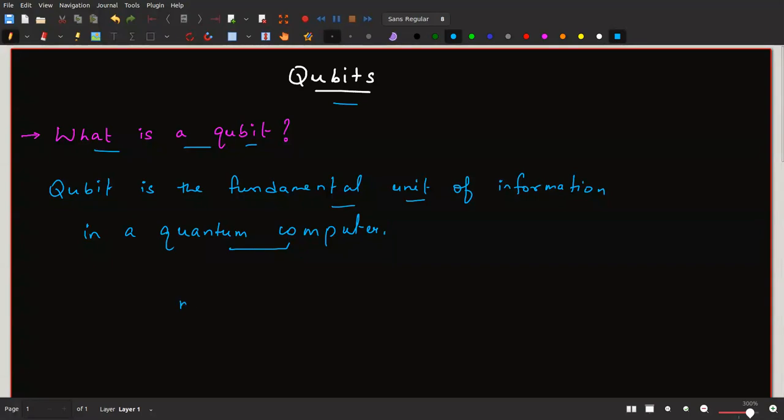Data can be a number, it can be text, alphabetical characters or special characters. All of this needs to be transformed to some other type of unit on which computations can be done. That unit in a quantum computer is the qubit.